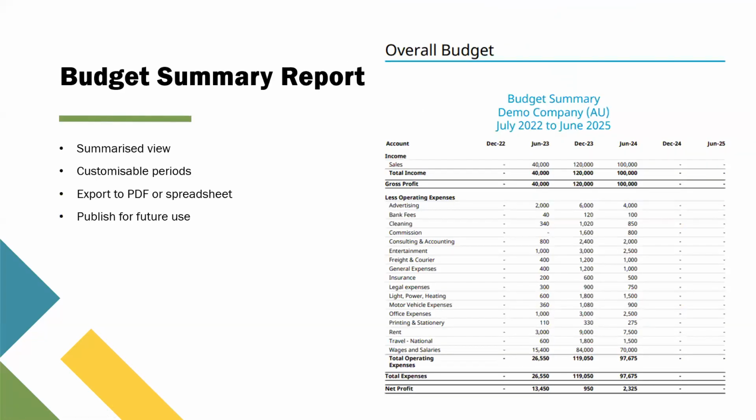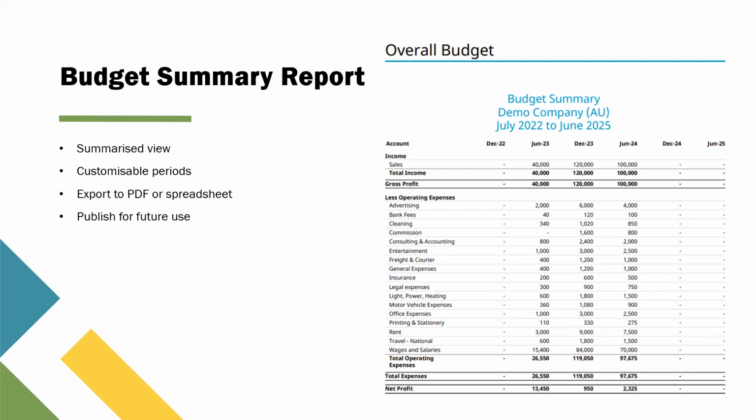So now that we have created our budget, you can now compare your budgeted figures against your organization's actuals by running either the budget summary report or the budget variance report. So we'll start today with the budget summary report. The budget summary report provides a summary of your overall budget or any additional budgets you've created.